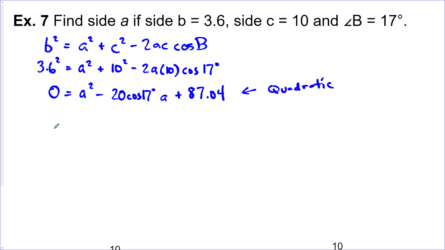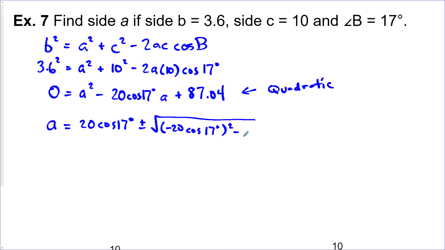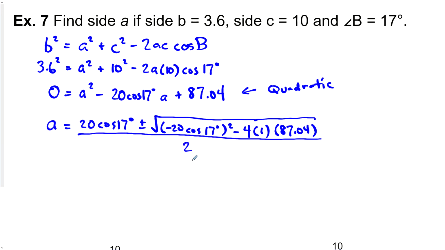And that's okay. It doesn't look factorable, so we can still use our quadratic formula. So a is equal to negative b plus or minus the square root of b squared minus 4ac, all over 2a.